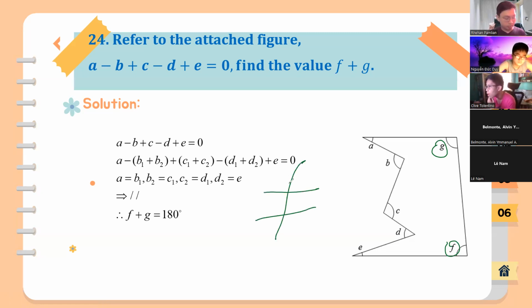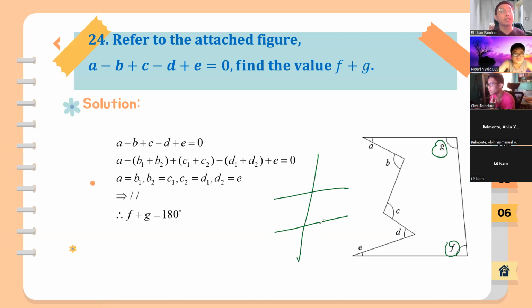When we have two lines that are parallel, assuming they are parallel, and then there's a third line bisecting, this angle here and this angle here would always be supplementary. And this angle here and this angle here would always be supplementary.